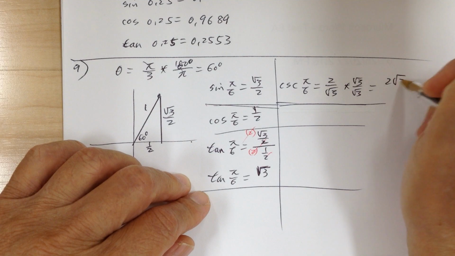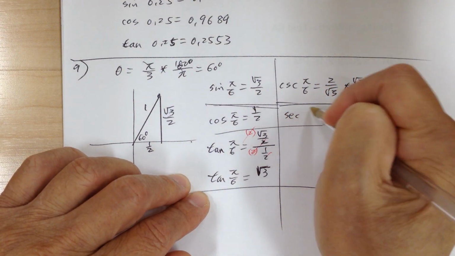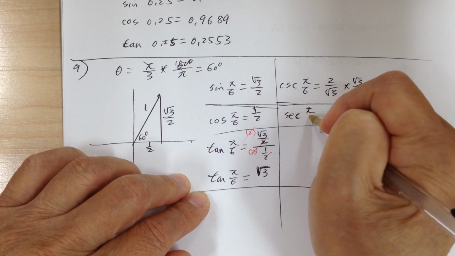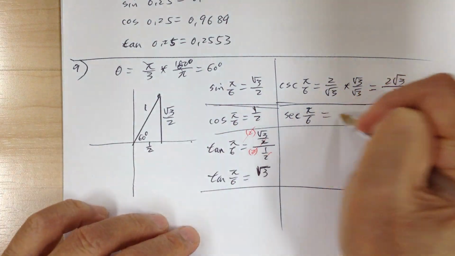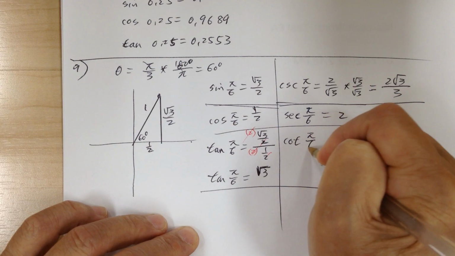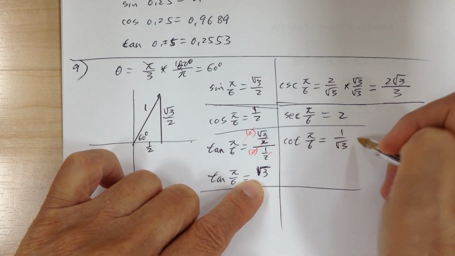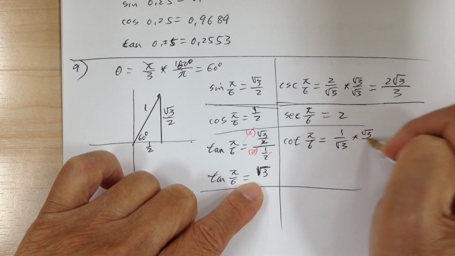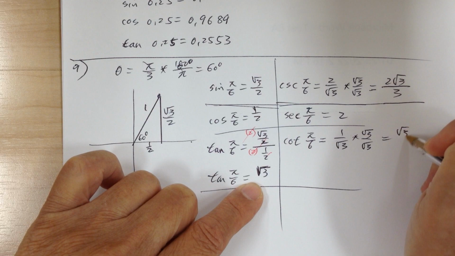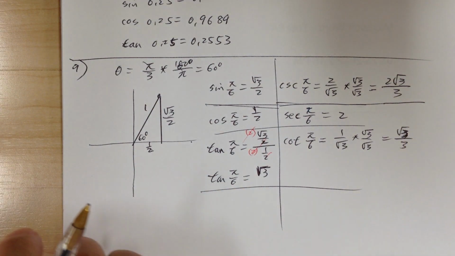So you get 2 square root of 3 over 3. And secant would be just flip this over, so equal to 2. And cotangent, you flip this over, so it becomes 1 over square root of 3, and you multiply it by square root of 3 over square root of 3, so equal to square root of 3 over 3. Okay, and that's it for number 9.